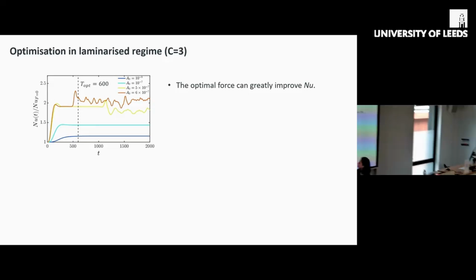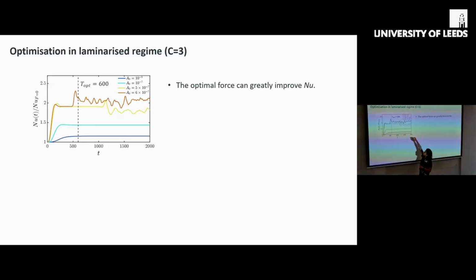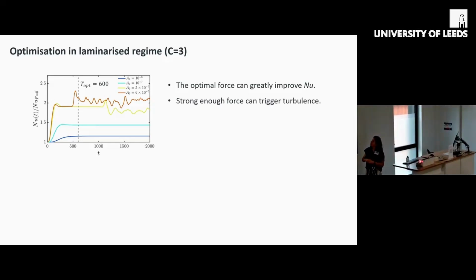For example, in this case, it's 50% more, and it can become even double. And if we have strong enough amplitude of this forcing, it can also trigger turbulence. And you see with the orange line towards the end of our optimization time horizon, it triggers turbulence and the Nusselt number increases a lot.